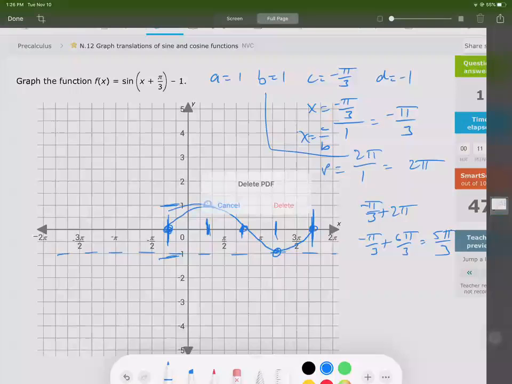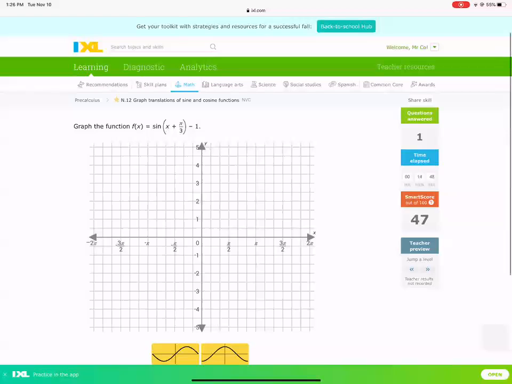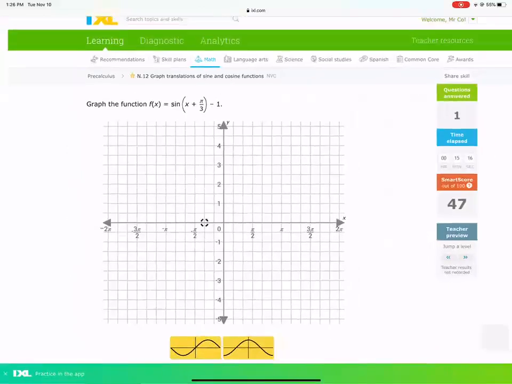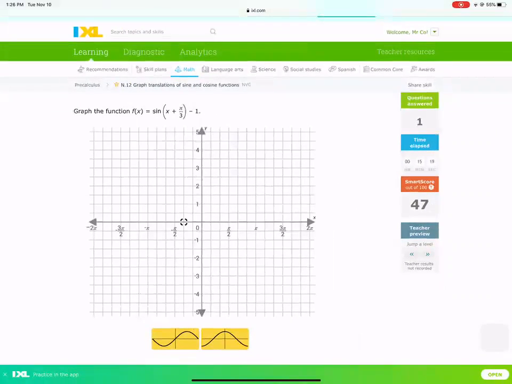Okay, let's go ahead and take a look at the graph itself. Let's see if I can get the sine graph to be moved over enough to become negative pi over 3. It would be something like 2, 4, 6, 8, 10, 12. So I think this here would be 2 pi over 3. Okay.